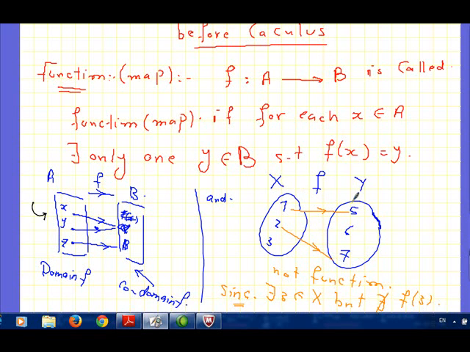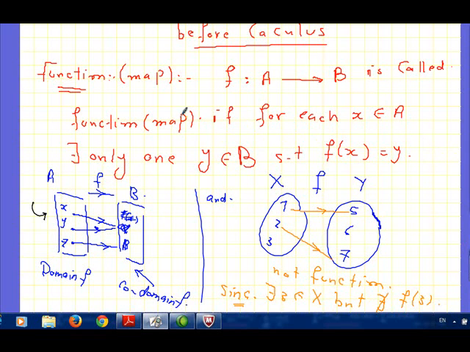If we take this example, x contains 1, 2 and 3, y contains 5, 6 and 7. We have here the image of 1 equals 5, the image of 2 equals 7, while 3 has no image. For this reason, this is not a function, because there exist 3 elements in x, but there exists no image of 3.